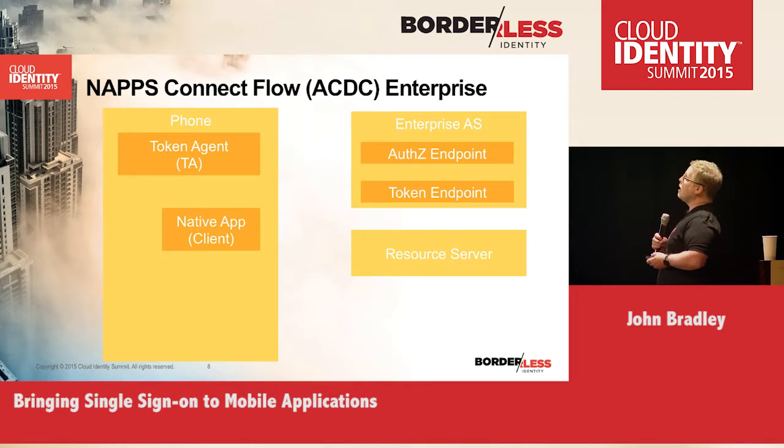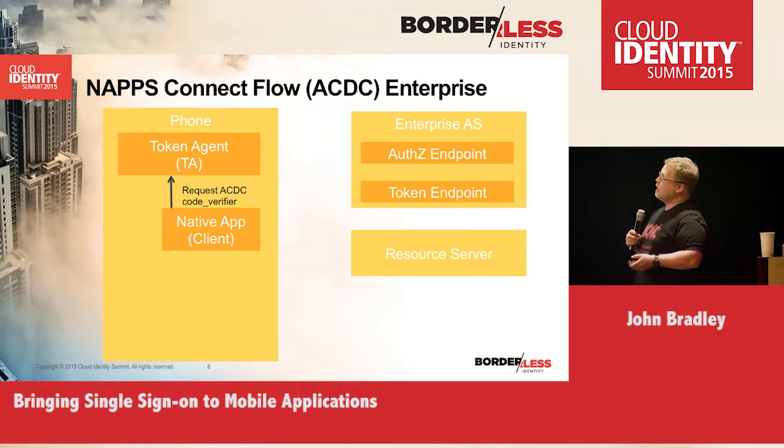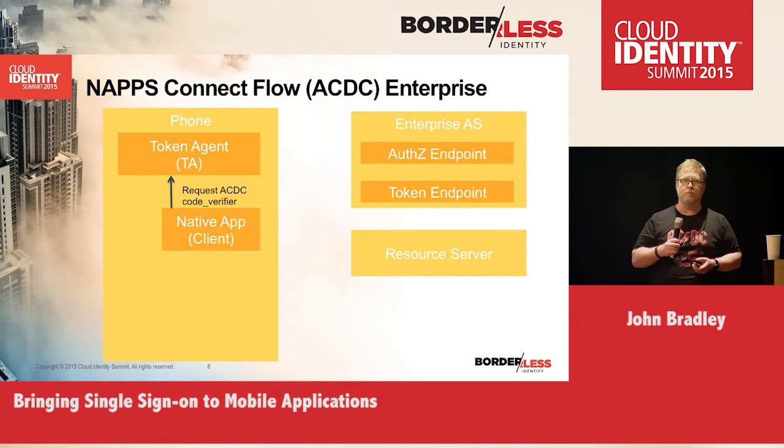So let's take a look at the NAPS ACDC flow for an enterprise, assuming we have an enterprise AS. This is where it gets a bit different. The native app on the device makes a call to a token agent, which it can discover on the device. So it sends the request plus something called the code verifier, which actually comes from PKCE.